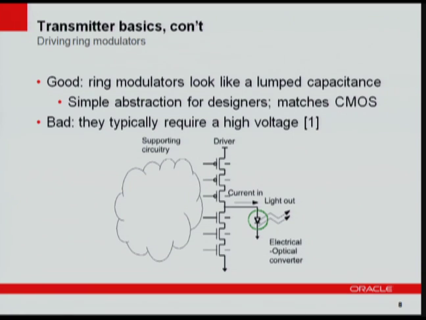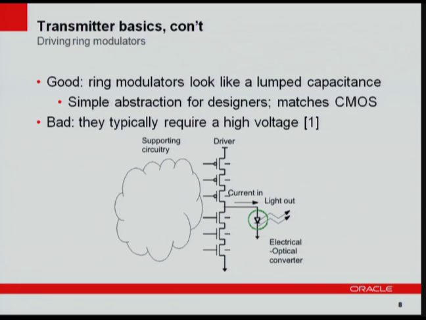From a circuit design perspective, a ring modulator can be abstracted as a lumped capacitance, because all I'm doing is changing the index of refraction. To do that, I inject electrons in or take some out, and that changes the index of refraction. So it's a fairly simple abstraction. Unfortunately, they require high voltage to create enough index of refraction change.